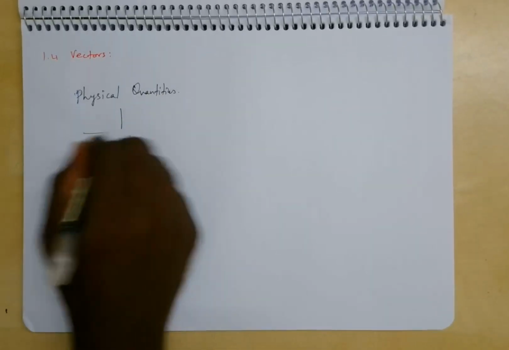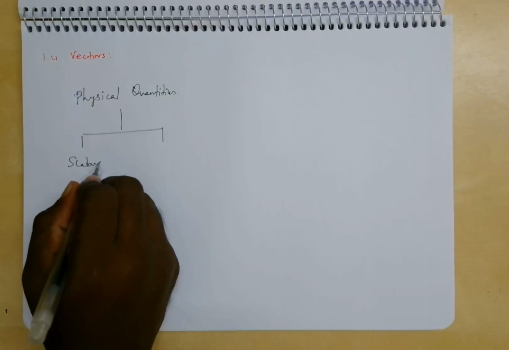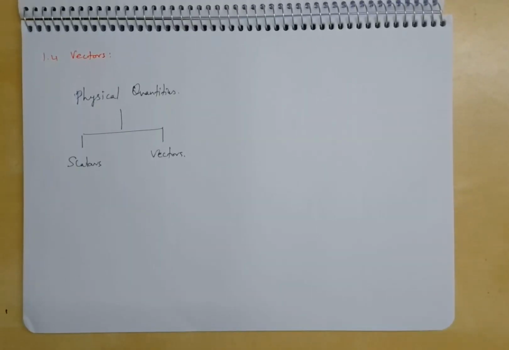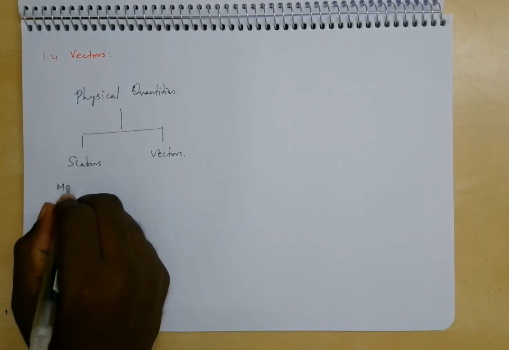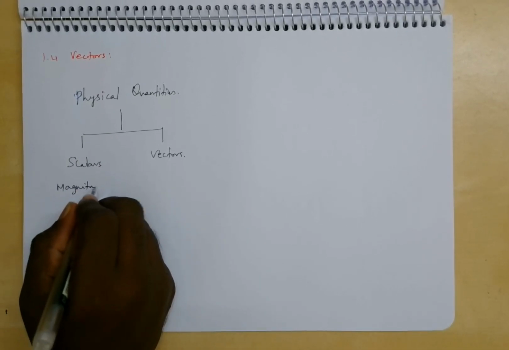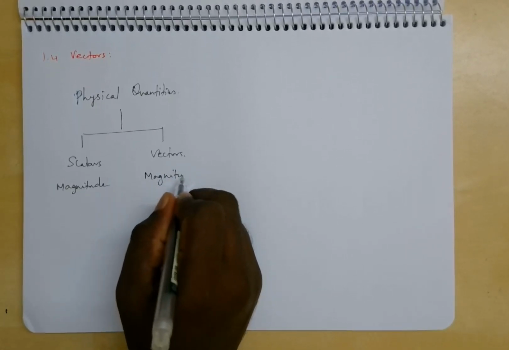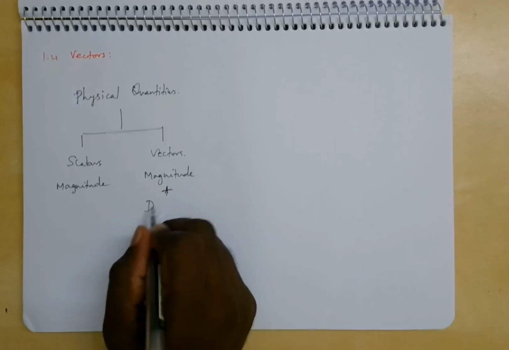physical quantities and classify them into two things: scalars and vectors. Okay. The naive definition that we learn in IGCSE is that a scalar has only magnitude, a vector has magnitude and direction. Magnitude plus direction.